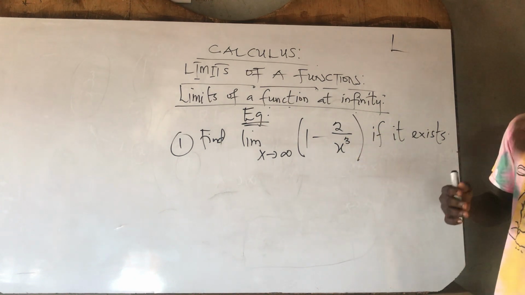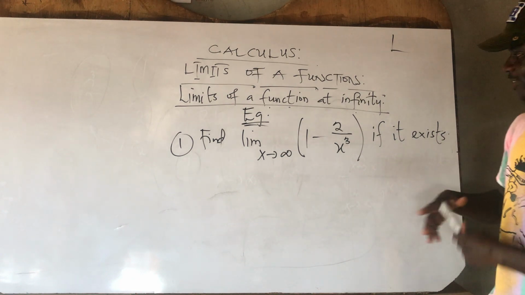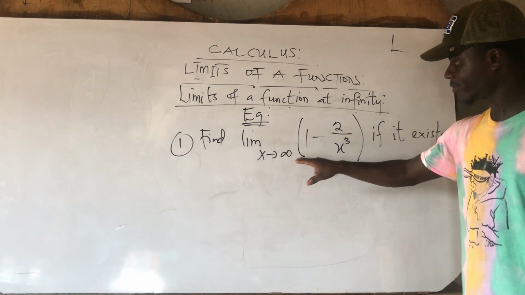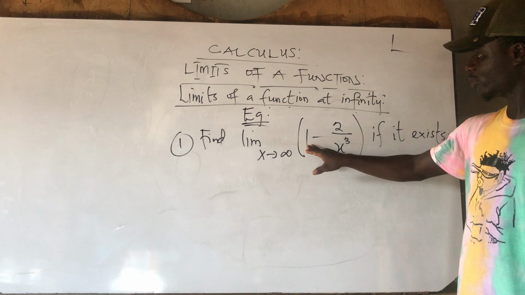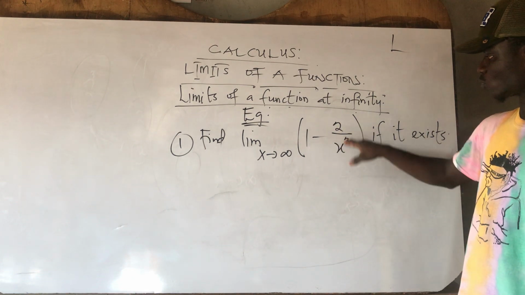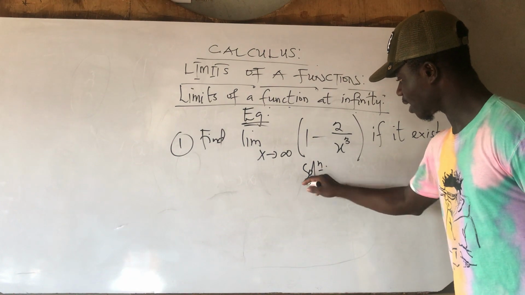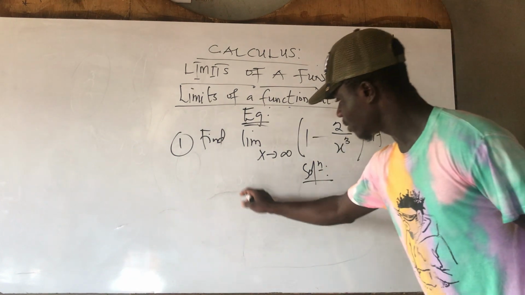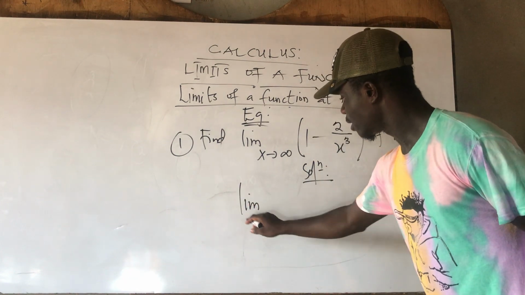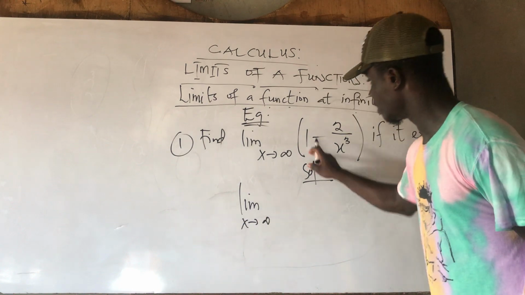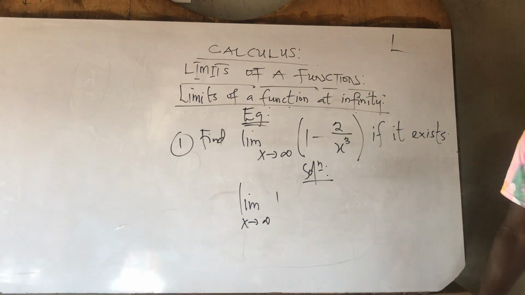Now, is it the fourth rule or the third rule? We have the limit as x approaches infinity of 1 minus 2 on x cubed. Now this one, we can work it as what? Let's break it down, which is the limit as x approaches infinity of 1, right?